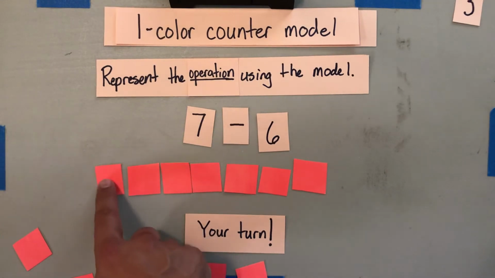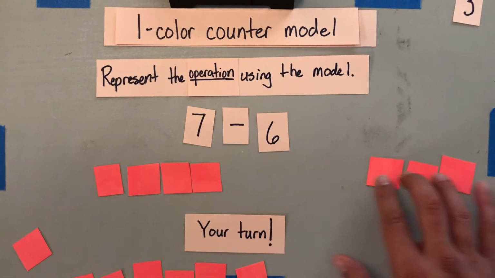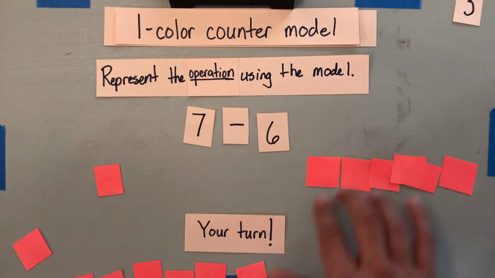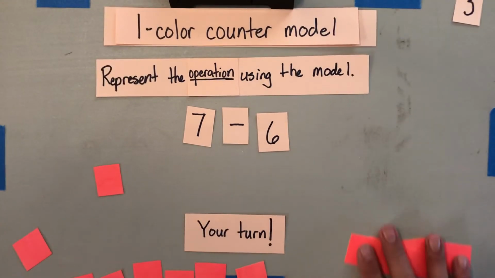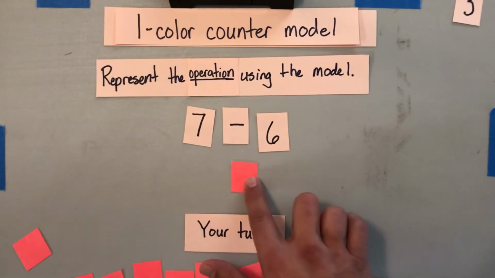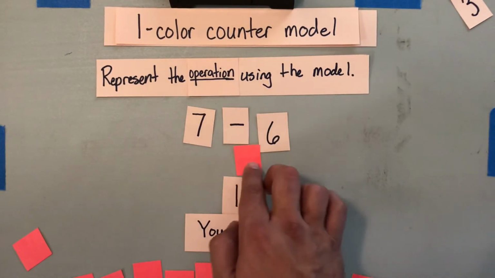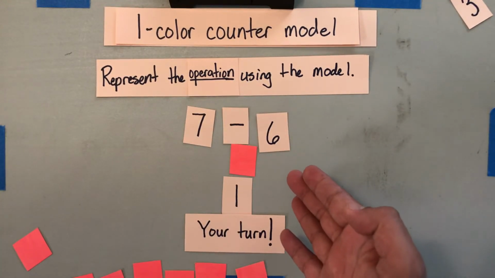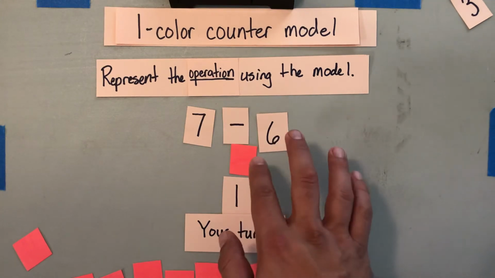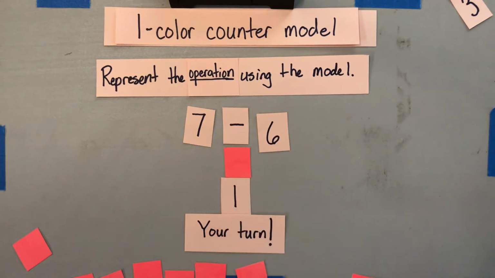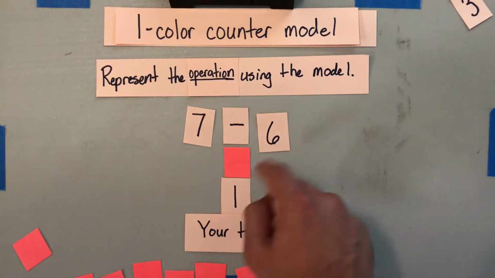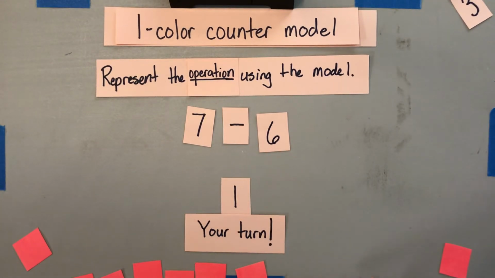So when I start with 7 and I take away 6, that's what subtraction represents, the taking away. I get 1. So hopefully on your paper you had written down 7 minus 6 is equal to 1.